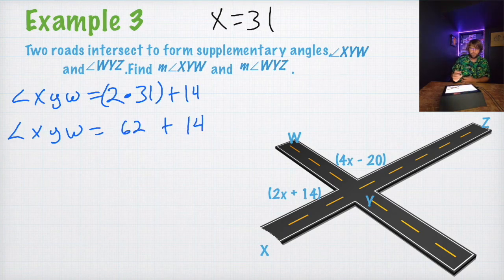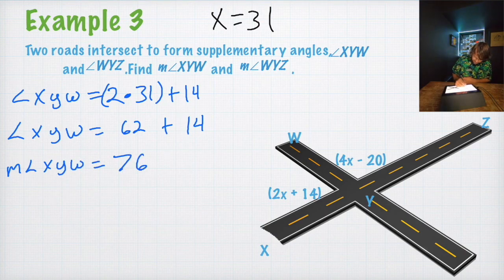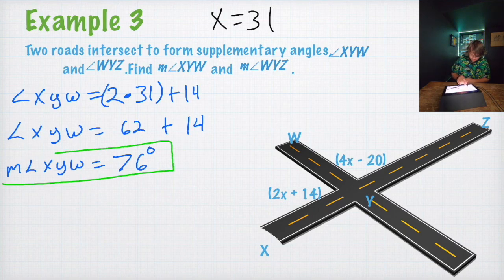Okay, almost done. The measure of angle XYW equals 76 degrees. Okay, that is going to be the measure of XYW. Now, we know that's 76 degrees, and we know that the two angles are going to be supplementary.